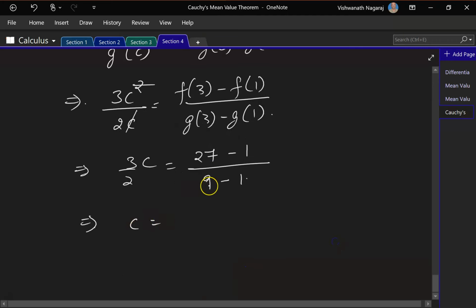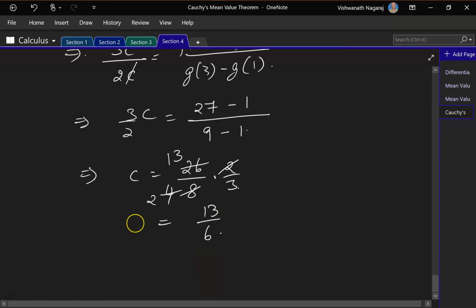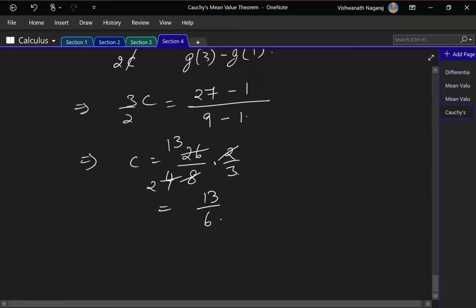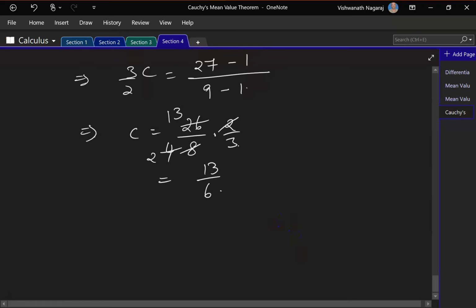So c is equal to 27 minus 1, 26 by 9 minus 1, 8, times 2 by 3, which is equal to 13 by 6. Yes. So at c, the tangent would be parallel to AB. Okay. I think you got the idea. Bye for now.